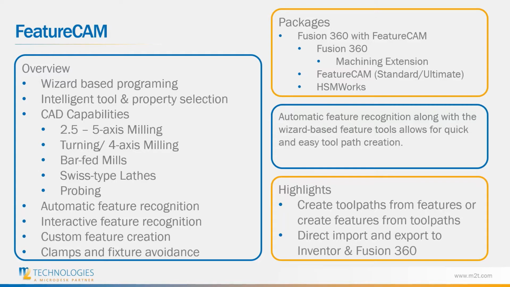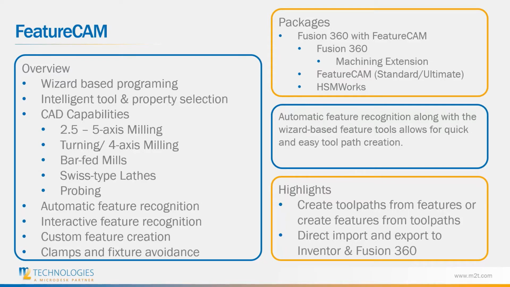Within its CAM capabilities, it has 2.5 to 5-axis milling, turning, and 4-axis milling, as well as bar-fed mills. So any kind of continuous turning process, you are able to program to have that bar feed through, as well as Swiss-type lathes, which allow for the stock to move as well.